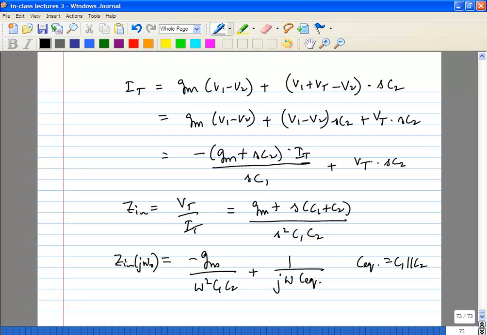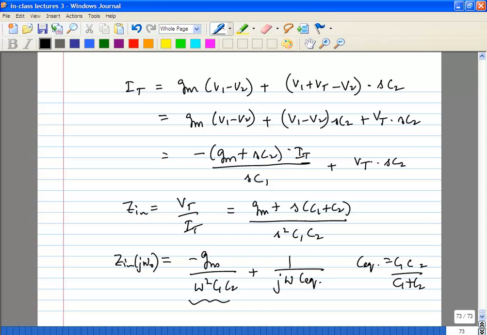When I say parallel, what I mean is like R1 parallel R2. So let me write it explicitly. It's just a way of saying it.